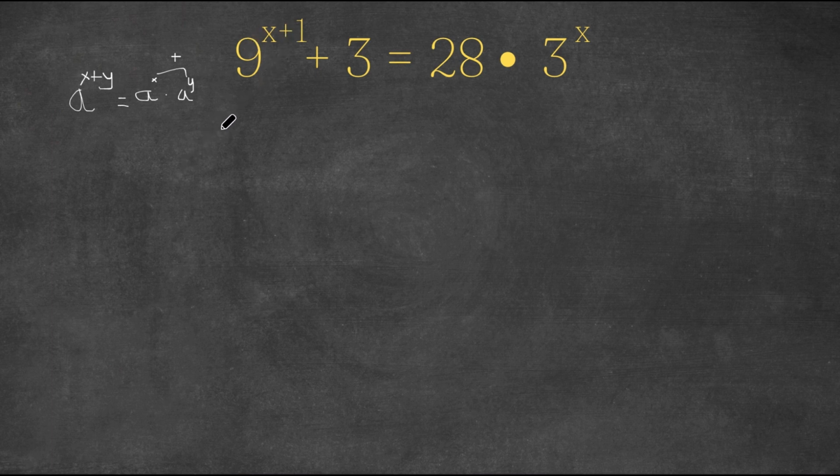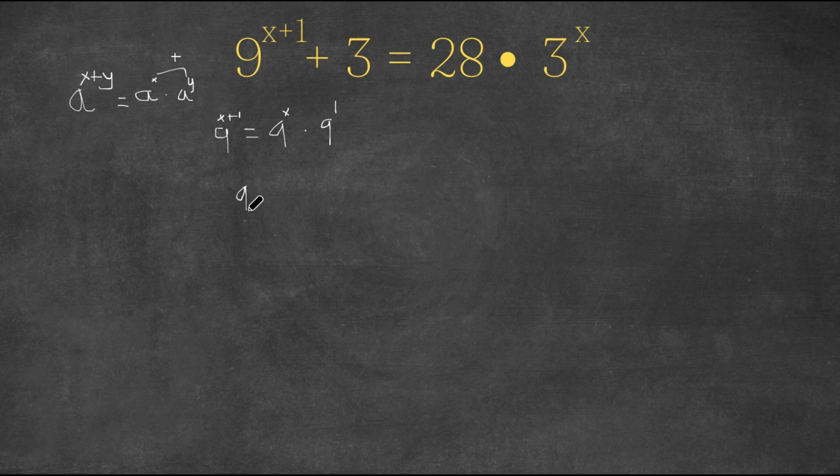So what we do is we write 9 to the power of x plus 1, and this equals 9 to the power of x times 9 to the power of 1. Now that we converted this, why don't we write our original equation again?